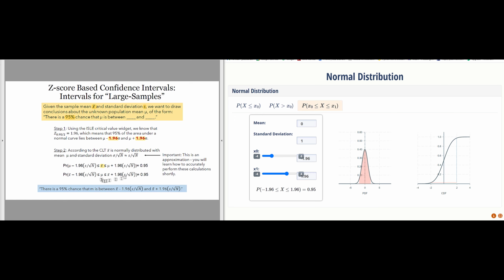We can rewrite that to say that the population mean, the true mean for the population, is within plus or minus 1.96 standard deviations of the sample mean with a 95% probability.